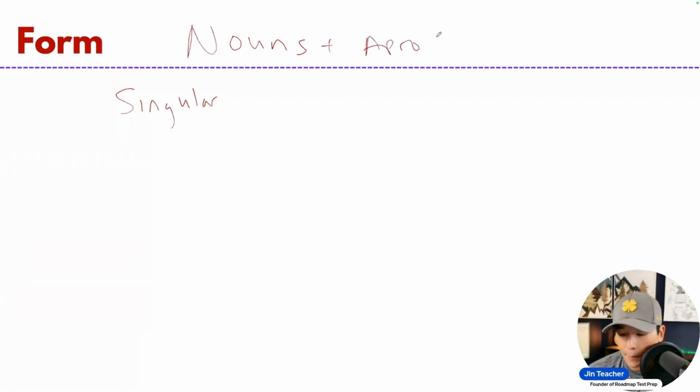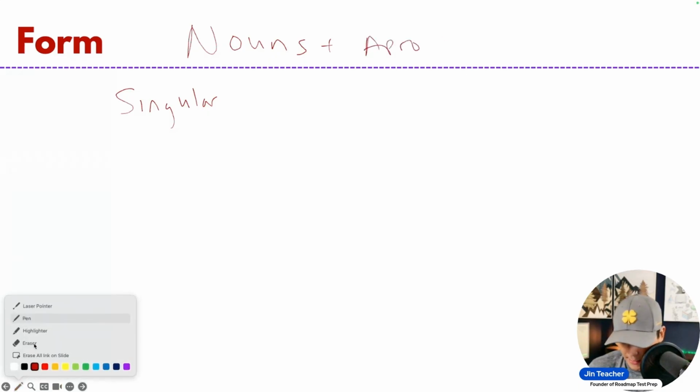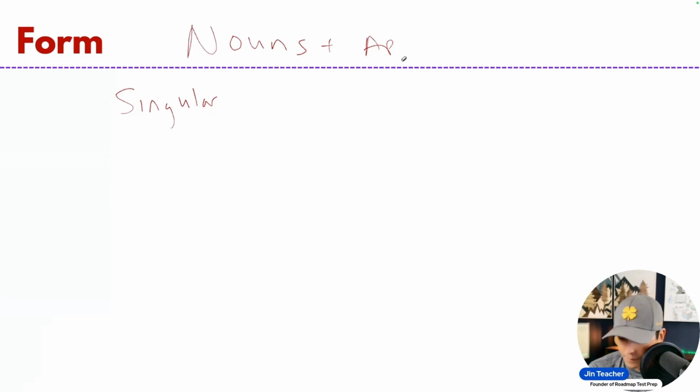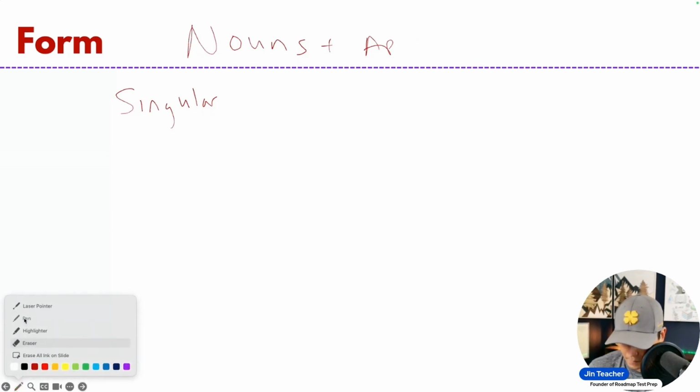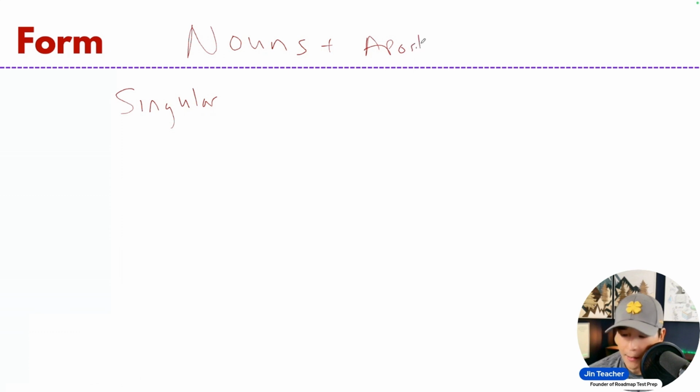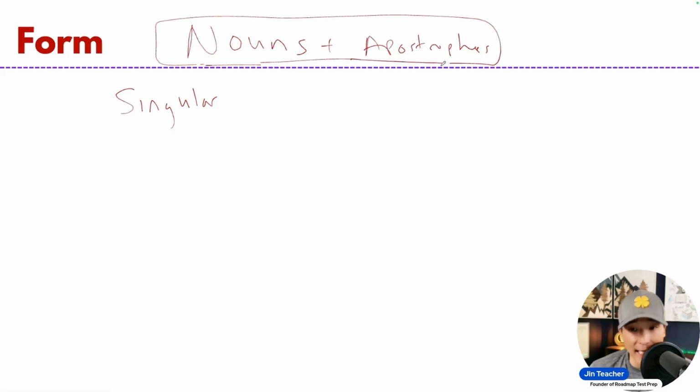We'll talk about apostrophes with pronouns in just a second. But in this part of the video, we're just focusing on nouns with apostrophes, okay? So in order to understand the form of these nouns and apostrophes, we have to understand the singular possessive form and the plural possessive form.